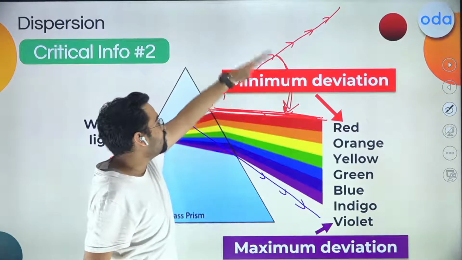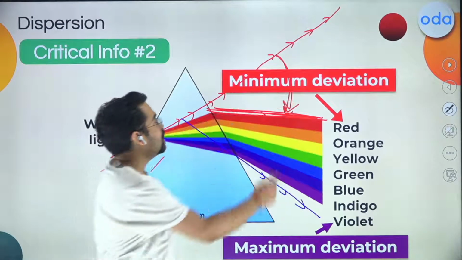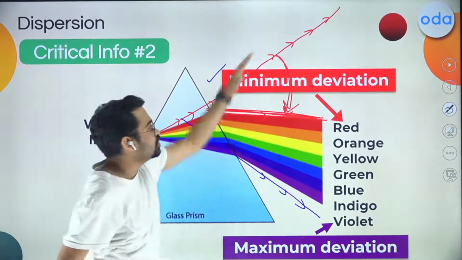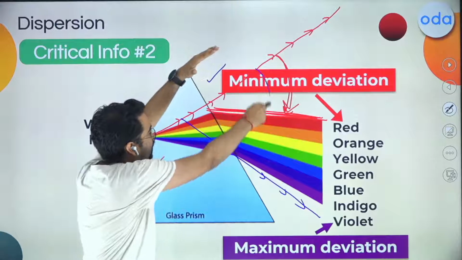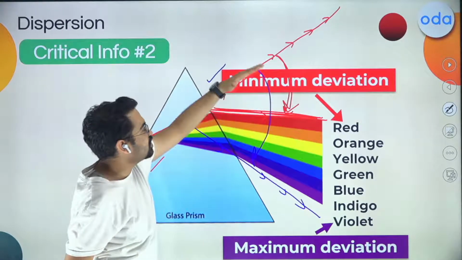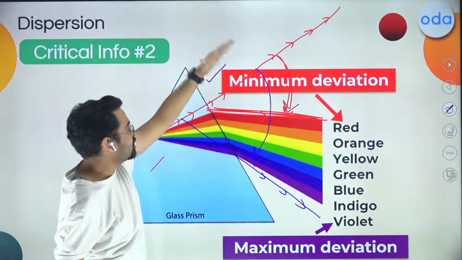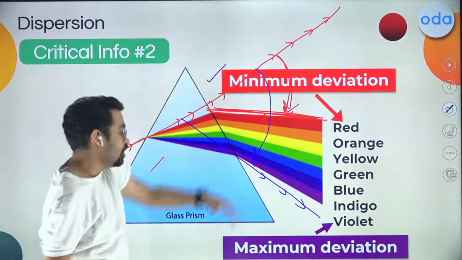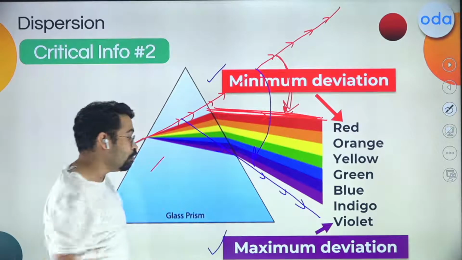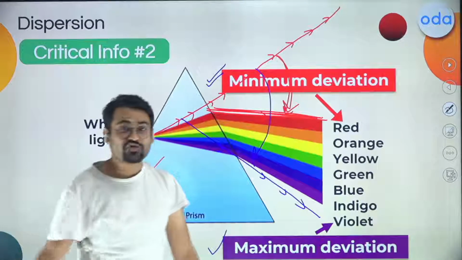If we had this much deviation, we say that this is less deviation, this is minimum deviation. But for the violet light, it went this much, right? You see, my hand is making less deviation, and this I'm making more deviation. So you can remember that more deviation is for violet and minimum deviation is for red.